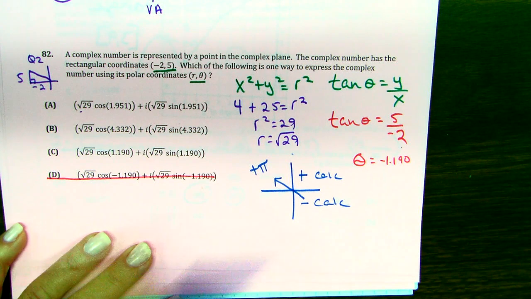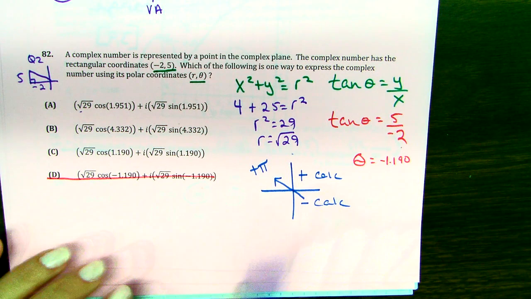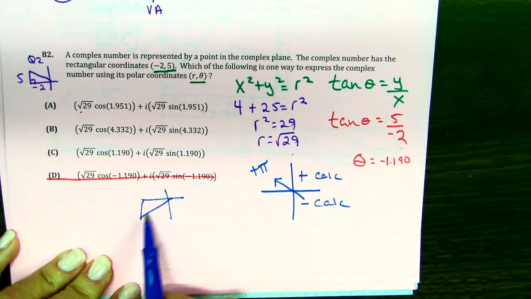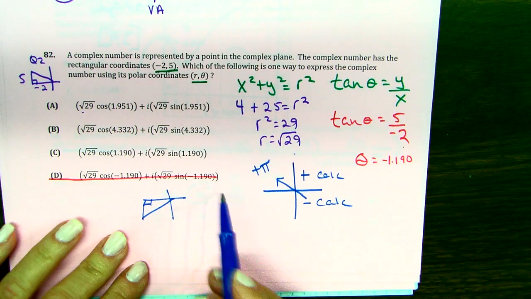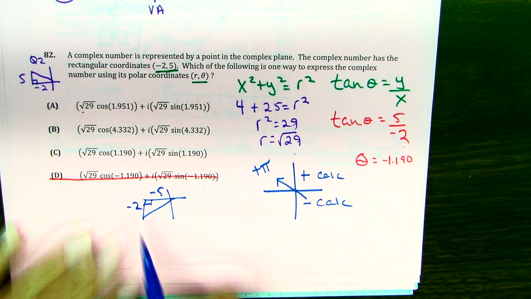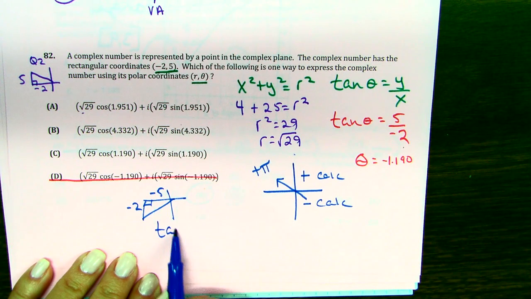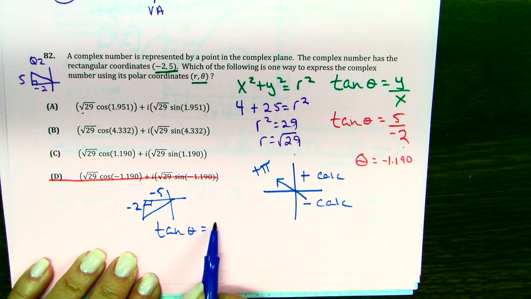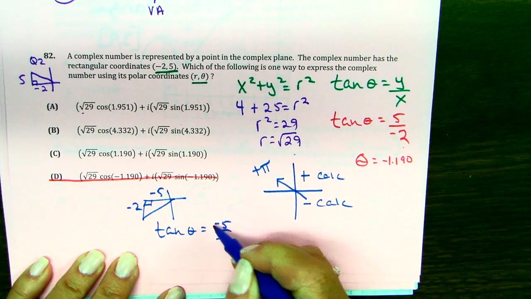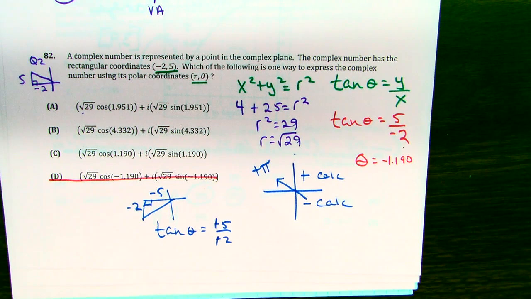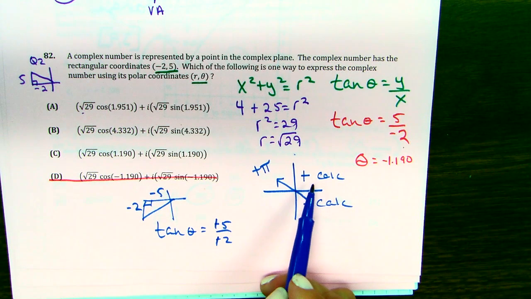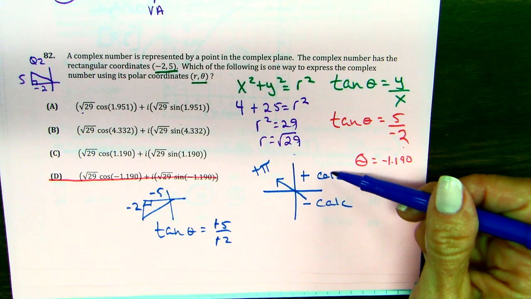The same goes for quadrant 3. Let's pretend what was given to us was in quadrant 3. I'll just make one up. Left 5, down 2. We would get a positive tan, right? Tan is positive in quadrant 3. Negative, negative become positive, positive. So if you put this one in your calculator, you're only going to get quadrant 1 tan's value.